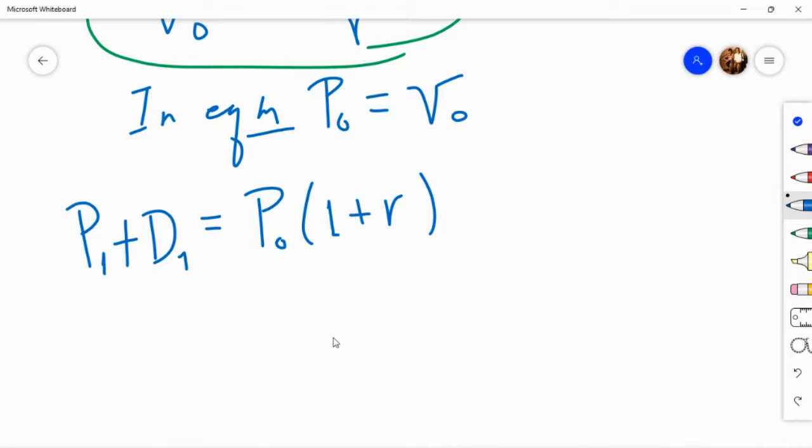Of course, this D1 rental income at time 1 is actually the total of the rent you received during year 1, right? Remember, 0 is the beginning of the timeline, so 0 is the beginning of year 1, okay? And 1 is the end of year 1, right? Makes sense?